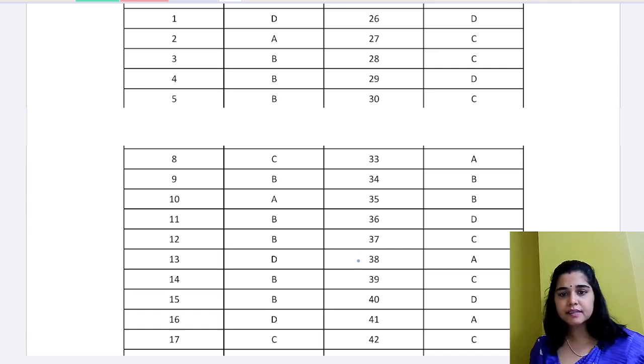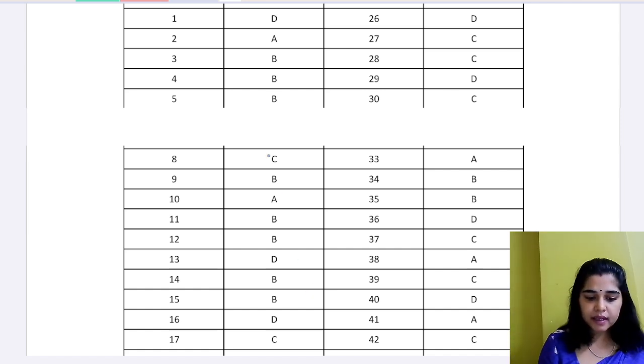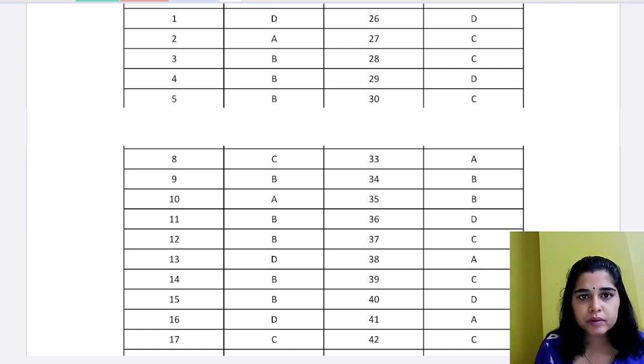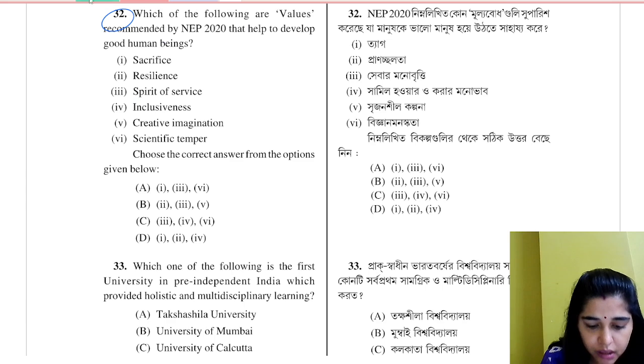Actually, they have given the answer. Don't worry, it's okay, I have an offline paper. They have given the answer A for this question. In their answer key, they have provided 1, 3, and 4.